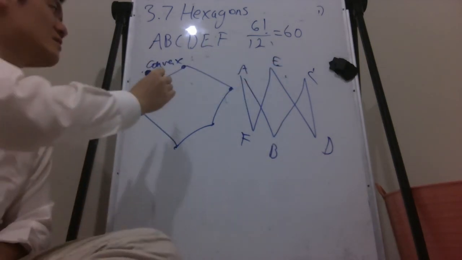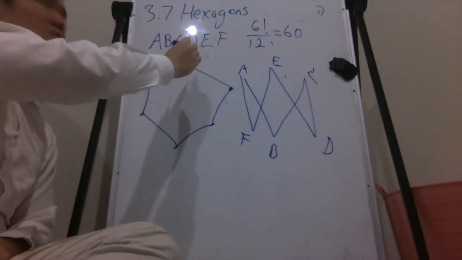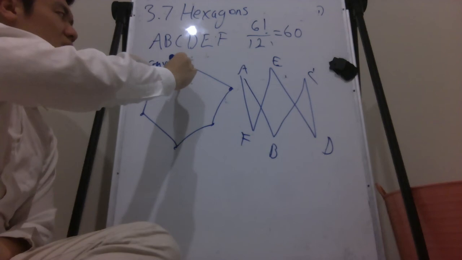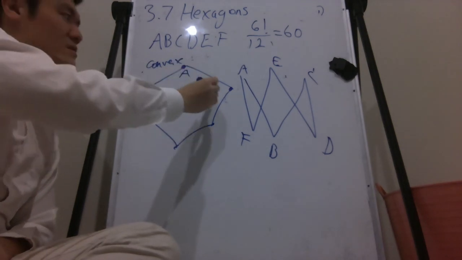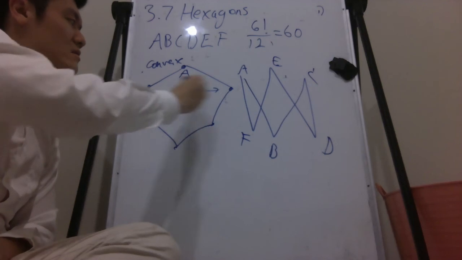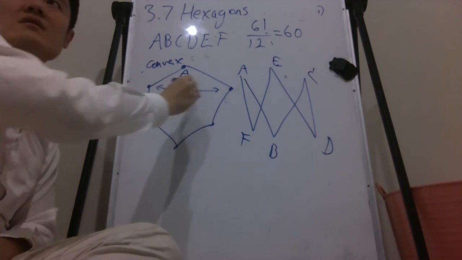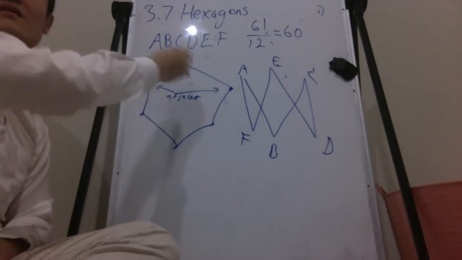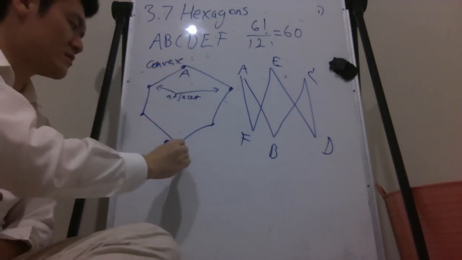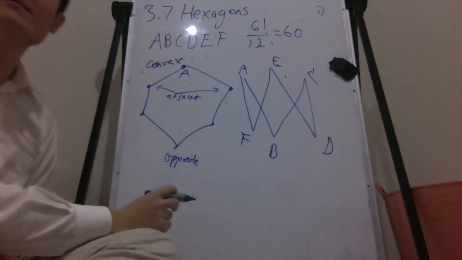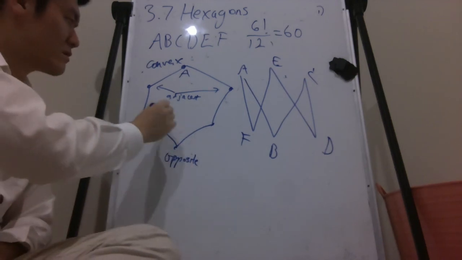If this is vertex A, these vertices are called adjacent to A. This is called the opposite vertex, and these are called alternate.